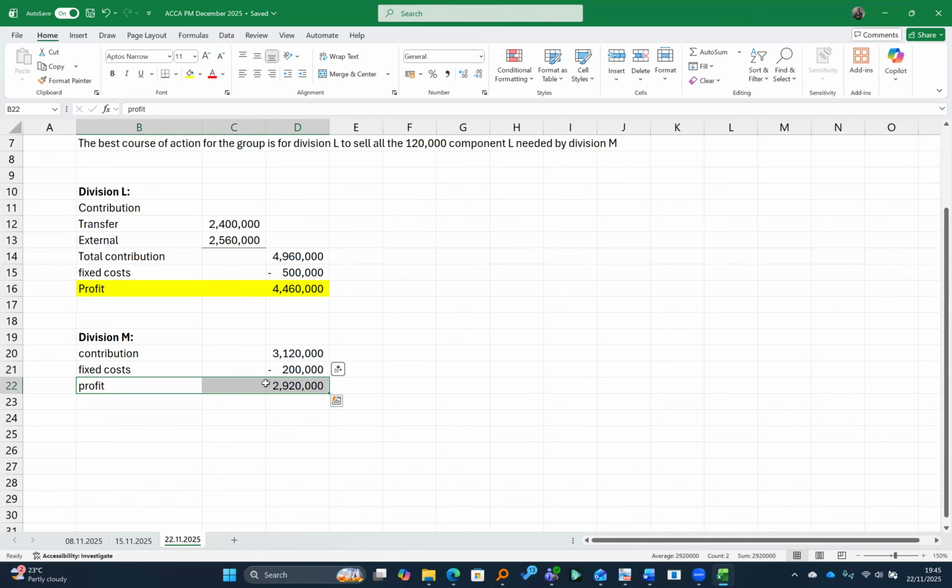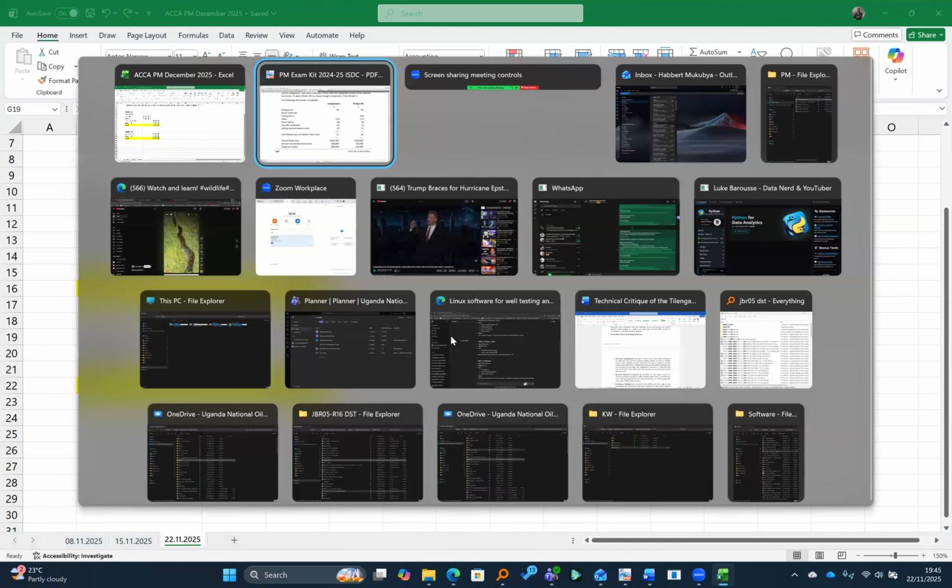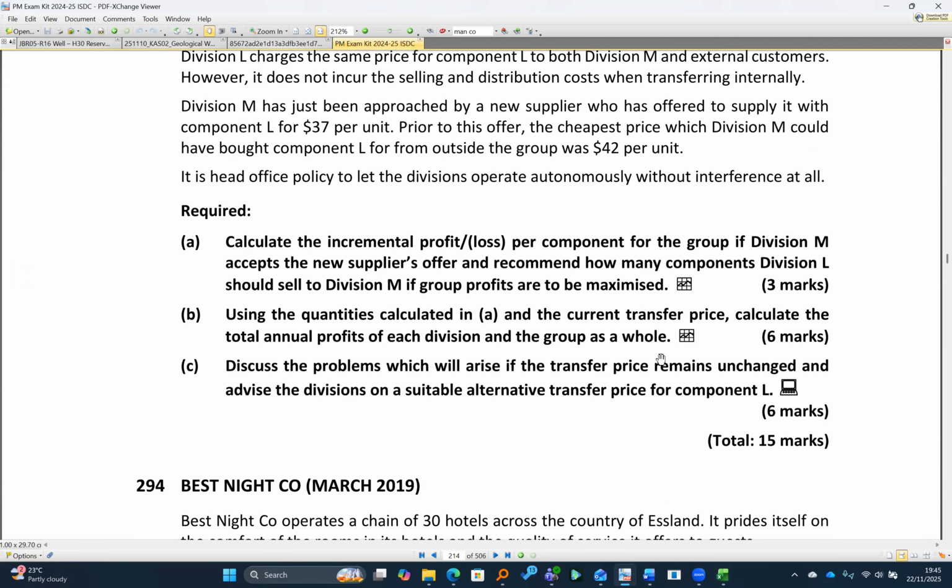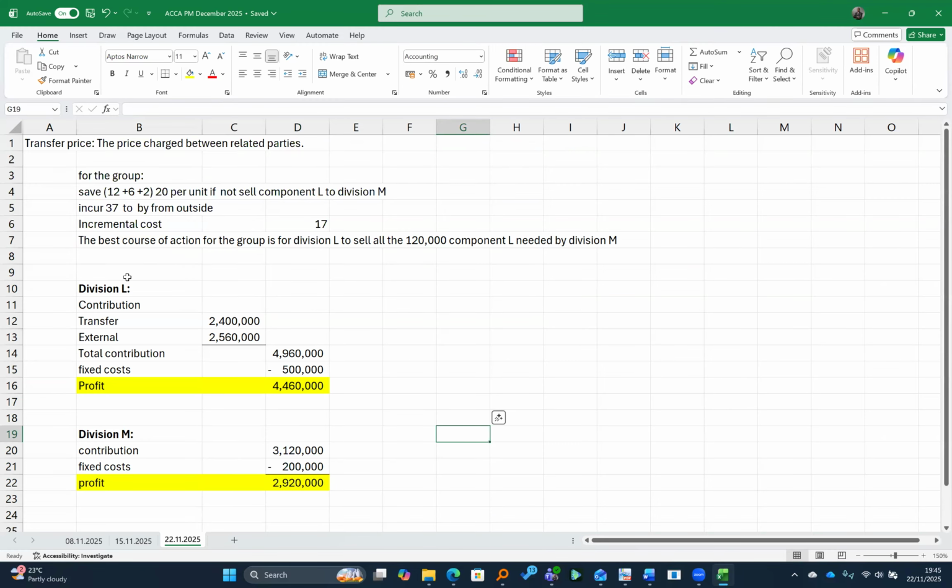Okay, so now the question is, I don't think they asked for this, but I want us to do it just to bring in the other discussion we have been making. So this profit is if division M buys from division L. That is the profit if that's what happens.